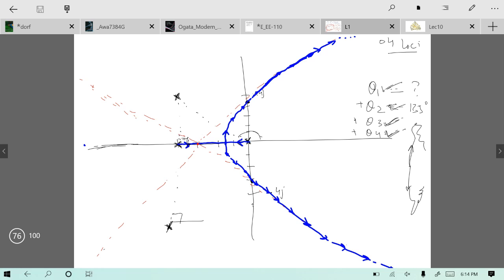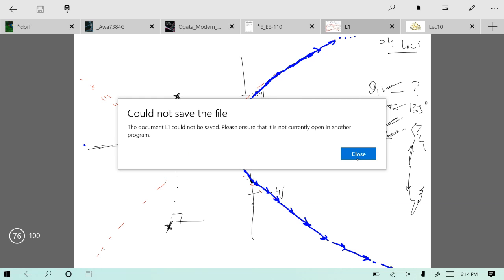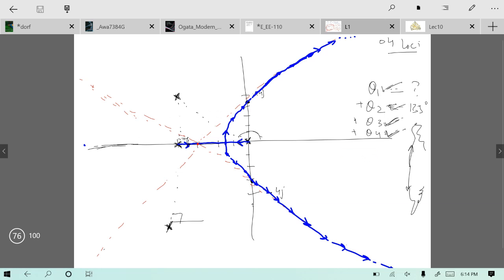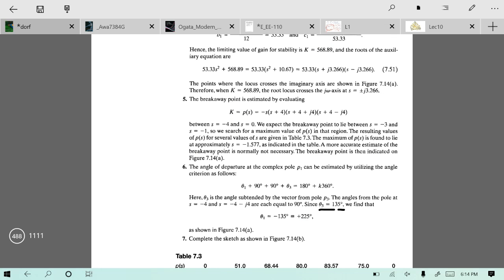So the sum of all these angles is equal to 180 plus k into 360 degrees. From here you can find theta 1, which is equal to minus 135 degrees.